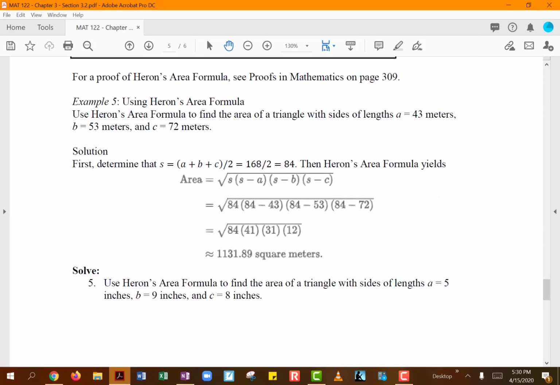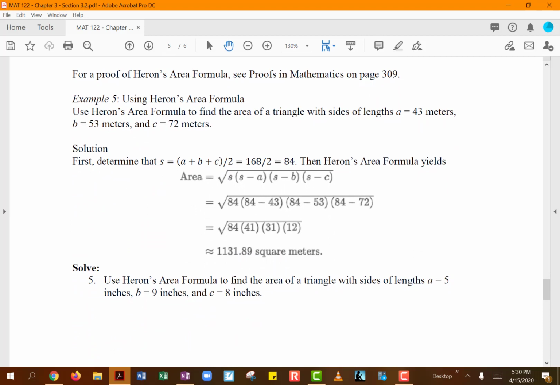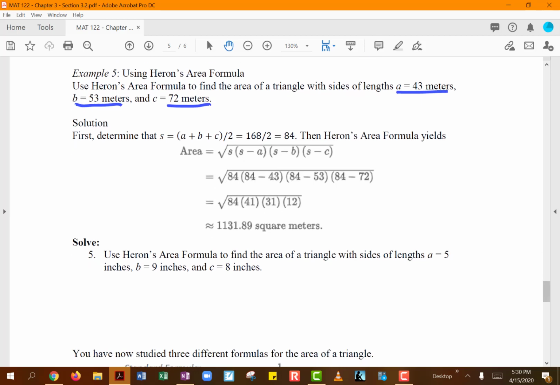Okay, so let's take a look at this example. They're asking us to find the area of the triangle using Heron's area formula. You're given the three sides of your triangle. The first thing we need to calculate is the value of S, since that's going to be a big part of our calculation. Taking all three sides, 43 plus 53 plus 72, you get 168. Divide that by 2, you get S equals 84.